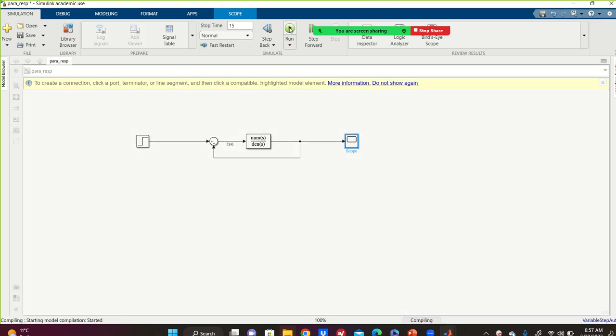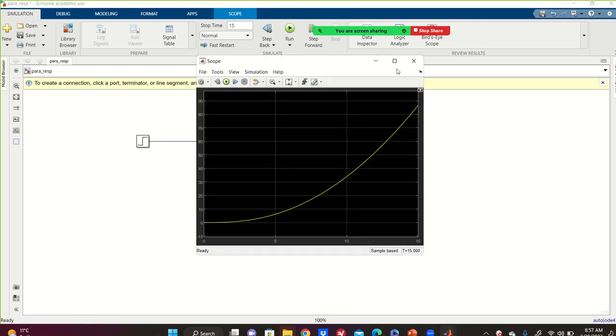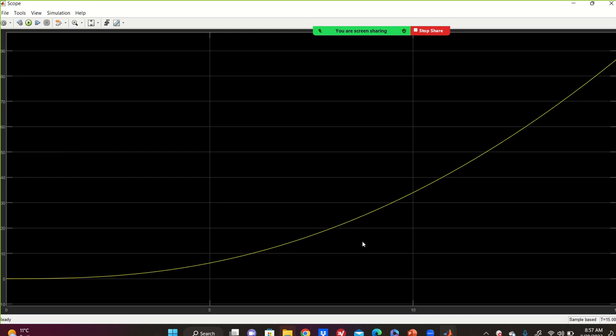And if we run this, there we go. Parabolic input. If you plot the input to the system, it's going to be like the MATLAB coding. Error signal increasing. Everybody understand?